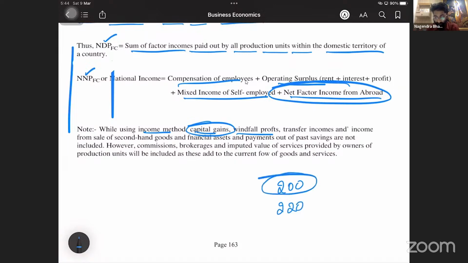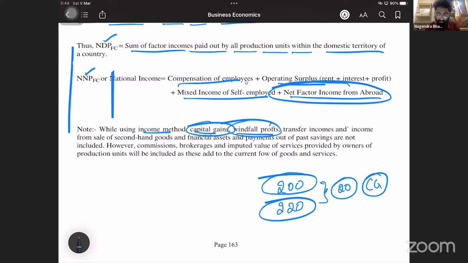Share is a capital asset, and you are selling it for 220. The difference of 20 rupees is capital gain.